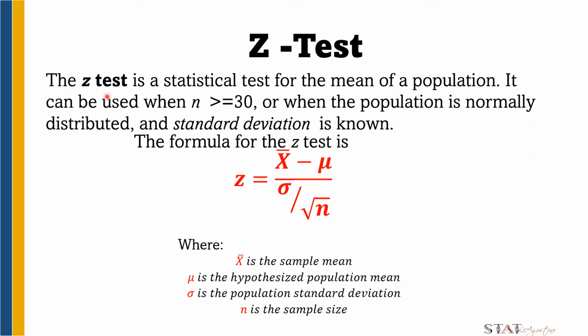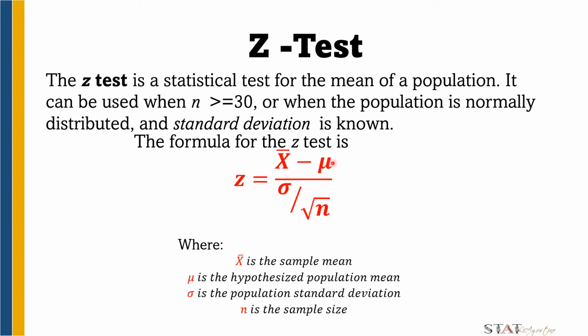The Z-test is a statistical test for the mean of a population. It can be used when your sample size n is greater than 30, or when the population is normally distributed. Actually, there is a normality test that you should know before you use this. And the standard deviation is known.